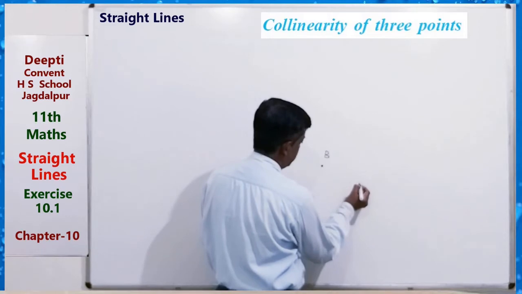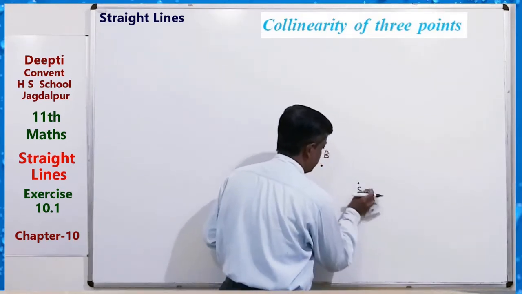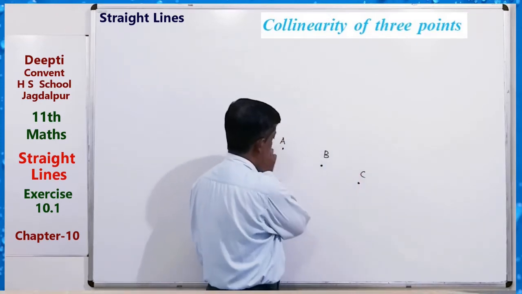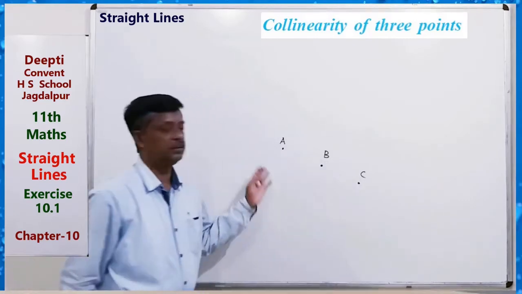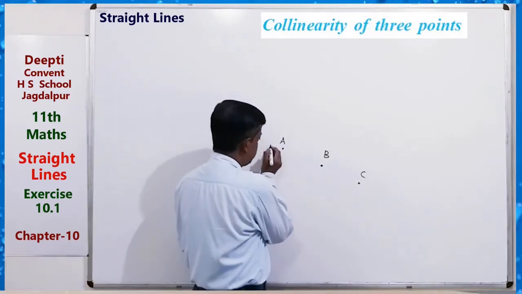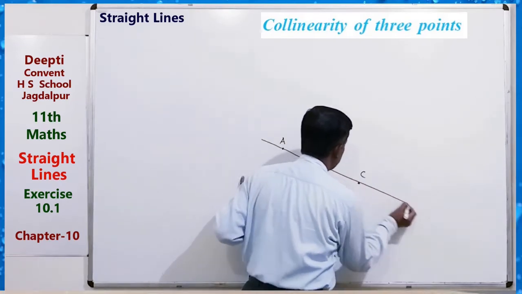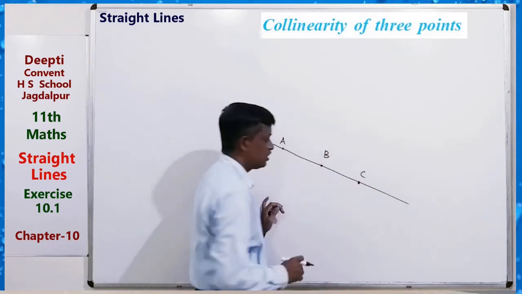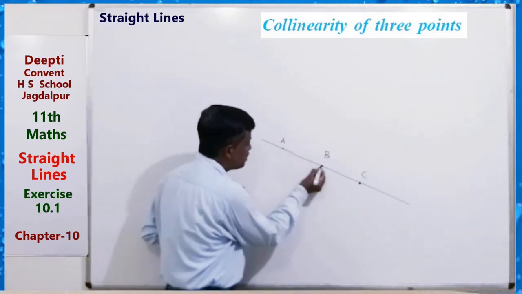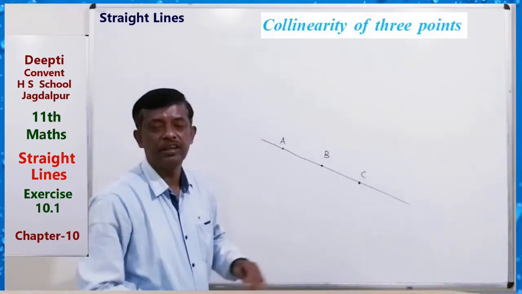If C is here and we can draw a line through these three points, then the 3 points will be collinear. For finding collinearity of 3 points, we can give the logic that the slope of this line and the slope of this line are the same.